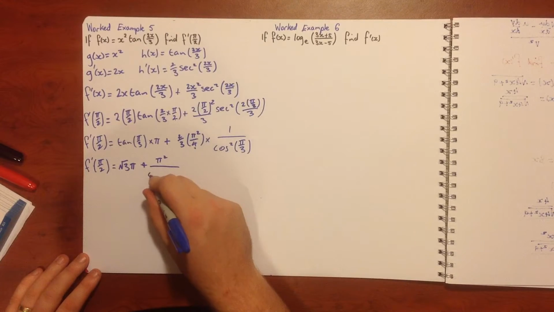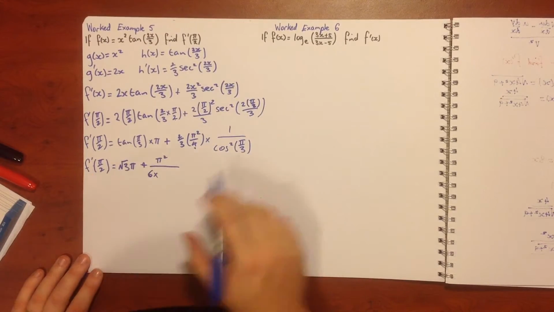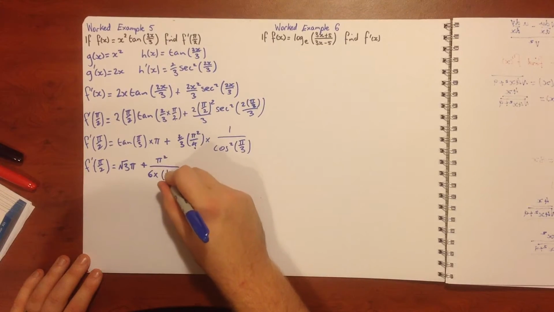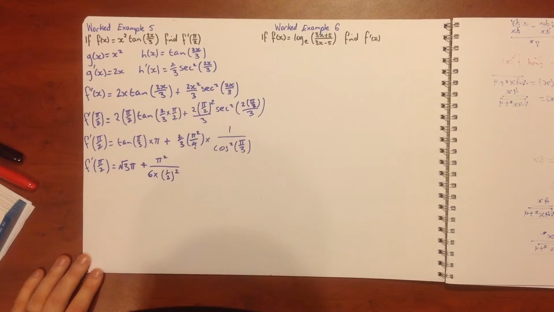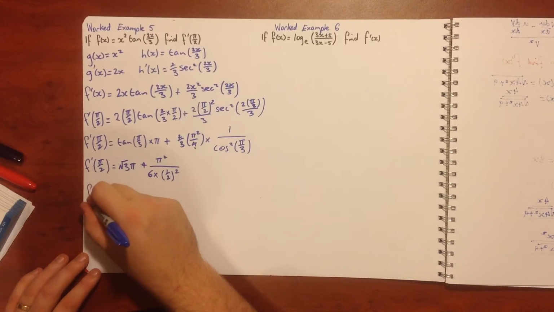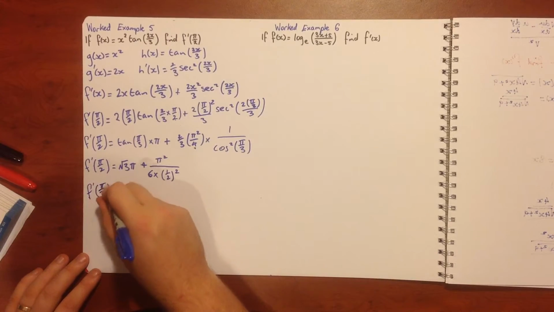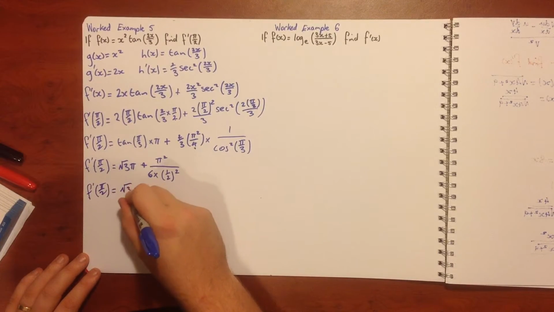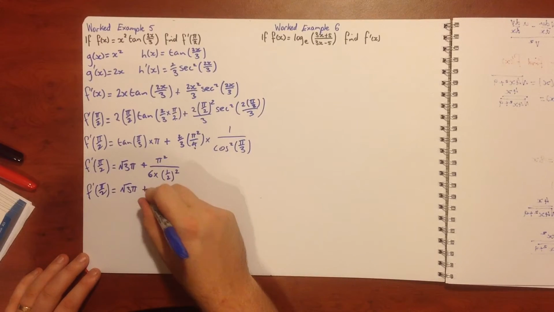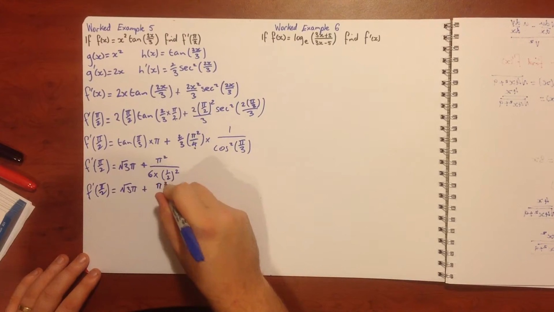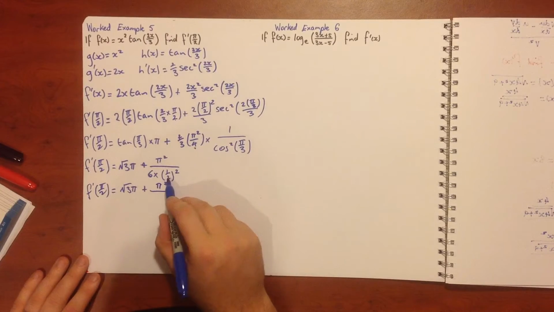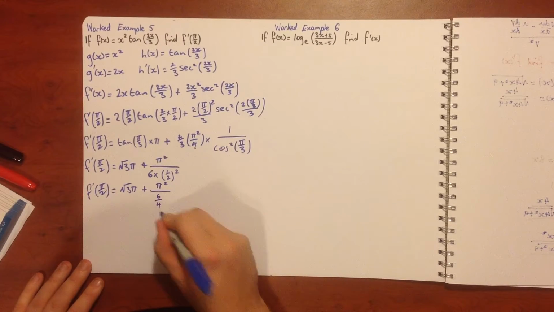So we're going to get 6 here times, well, cos of pi on 3 is a half, and that's got to be squared as well. So we're getting there: f dash of pi on 2 equals root 3 pi plus pi squared on, well, it's 6 on 4.